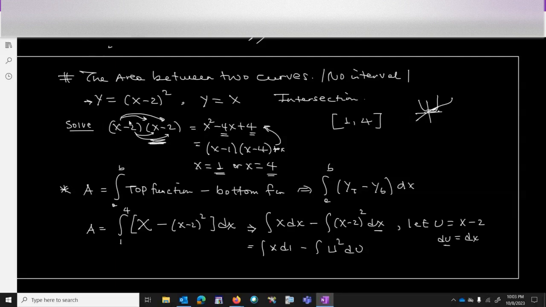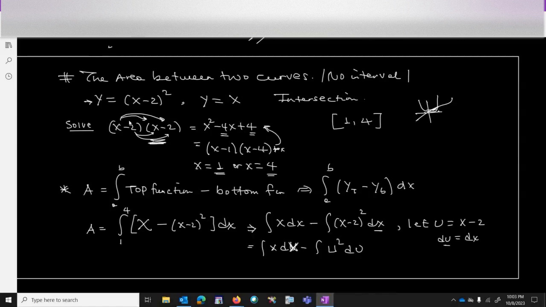This is going to be x du. Very good. From this, I think you can proceed. The first one, I don't have a problem. I can just leave the dx like that.